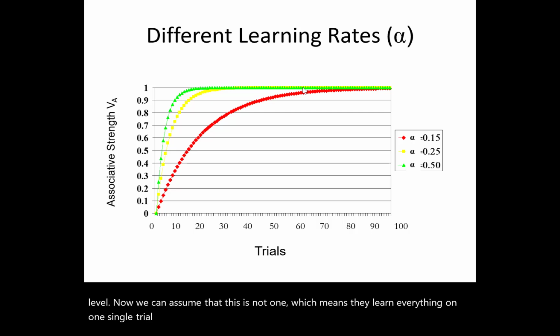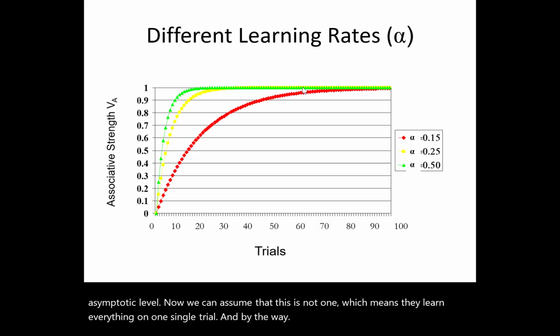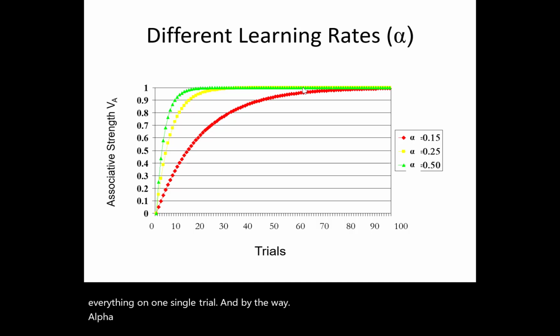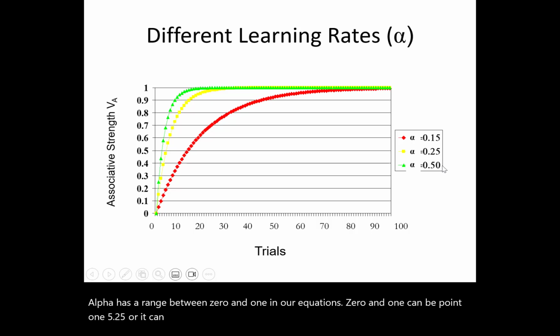And by the way, alpha has a range between 0 and 1 in our equations. It can be 0.15, 0.25, or it can go really fast, 0.50. That's the range, and this is just how many trials it takes to reach an asymptotic level.